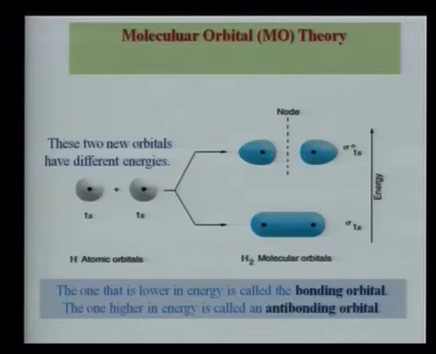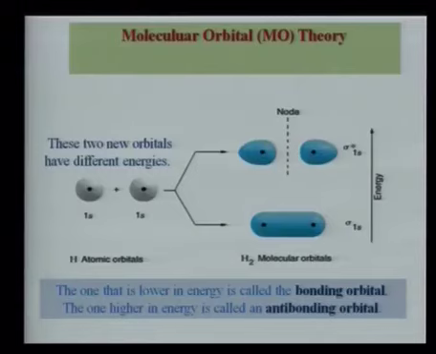Sigma 1s has lower energy as compared to the combining hydrogen atoms, so that is the bonding molecular orbital. The other, sigma antibonding, has high energy, so that is called the antibonding molecular orbital. Both H atoms have one electron each, so the two electrons enter into the bonding molecular orbital.